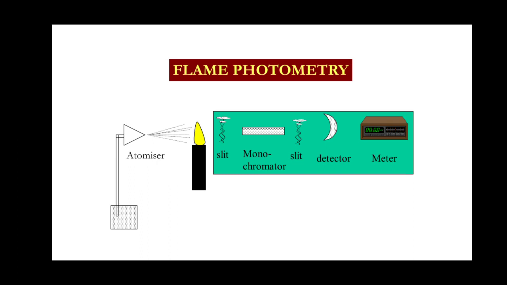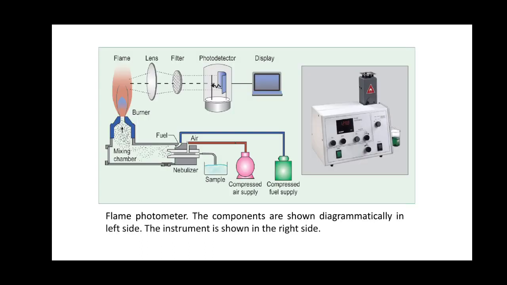color. So this is the flame photometry instrumentation, which consists of atomizer, slits, monochromator, light and the detector, and to measure it, a meter. Here also we can see the instrumentation: on the left side, flame, lens, filter, photodetector, display, and on the right, the instrument to measure.